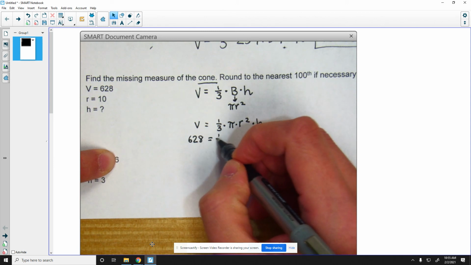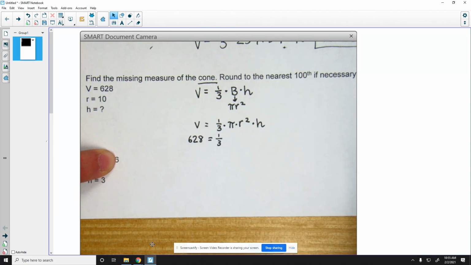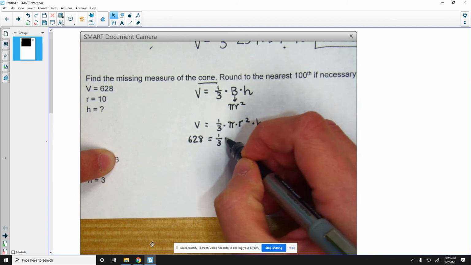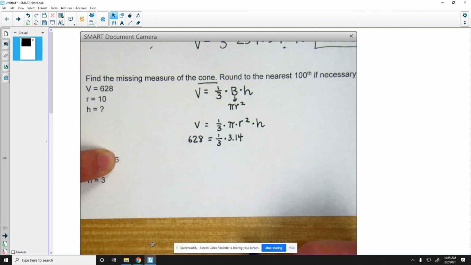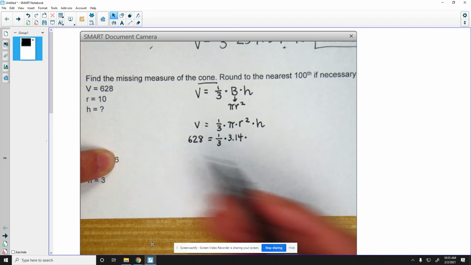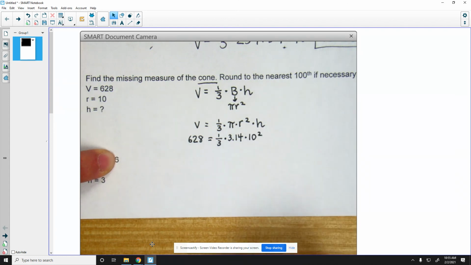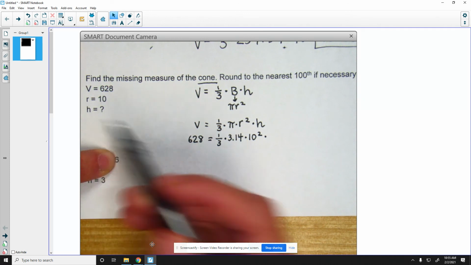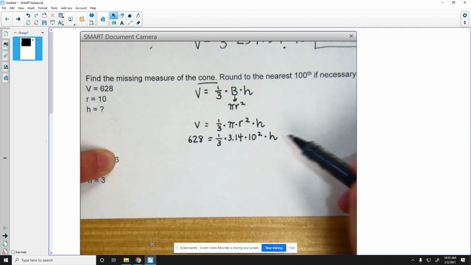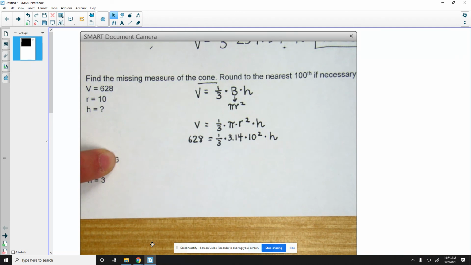For 1/3, that's a number, so just write the number. For pi, don't write the symbol, write the number, 3.14. For r, they give me r. R is 10, so write 10 squared. For h, I don't know h. That's what I'm trying to figure out, so leave h as h. I'm going to give you a minute to write all this down and then I'll move forward.